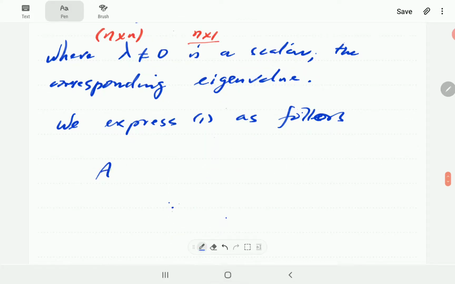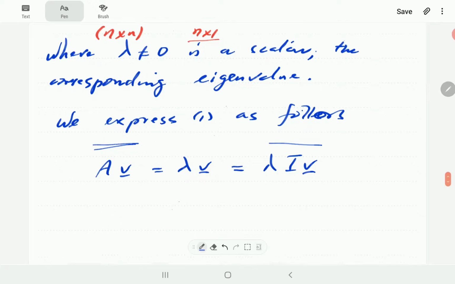We say AV is lambda times V. Then we use the identity matrix, writing the right hand side as lambda times the identity matrix times V. We know that I times V still gives V, but the difference is that these two are now of the same dimension.